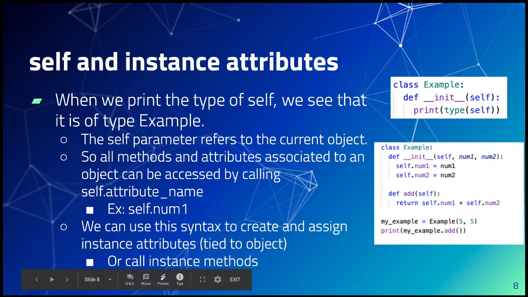Notice how for add, we don't actually specify any parameters, but because my example is an object, it passes self automatically. And then we could call self.num1, which would actually be equal to 5, since we passed in 5 as the first parameter into init, and self.num2, which is also 5. And so num1 plus num2 would return 10, and therefore this would print out 10. So this is how you create an instance variable. It's a bit different than class variables, but the general concept is the same in how they work.